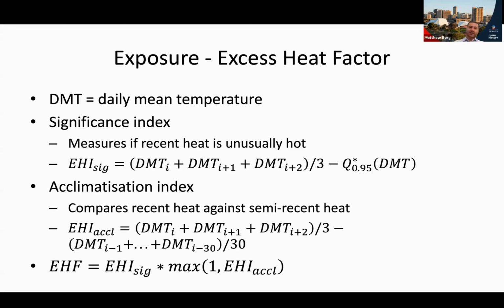For that, it looks at daily mean temperature averaged over 3 days and compares it to the 95th percentile of daily mean temperature over a set time period. Officially, that is the 95th percentile of daily mean temperature from 1971 to 2000.